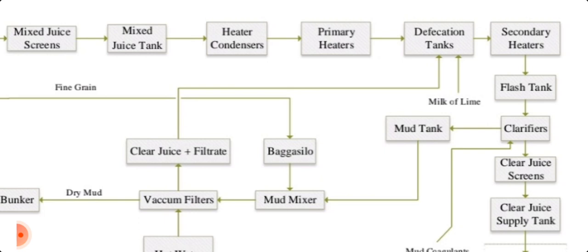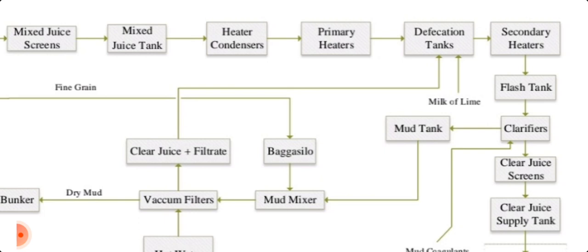The rotary screen has a hole size of 0.25. Through this hole size the juice passes clearly, and the impurities remaining in the rotary screen are separated. Then this juice goes to the clear juice supply tank. From the clear juice supply tank, the juice will be sent to the evaporators.